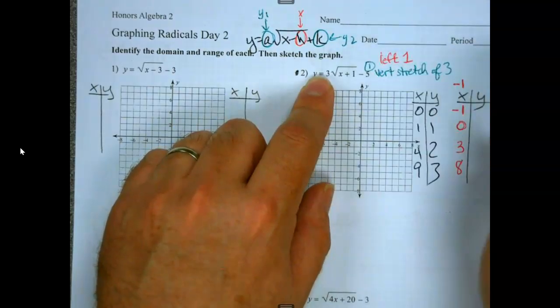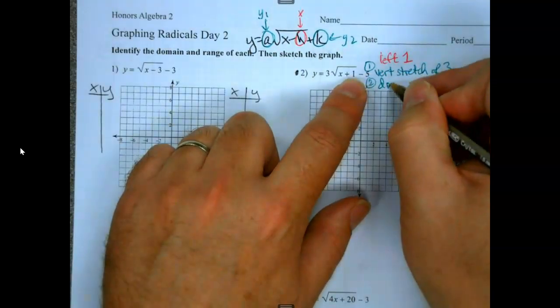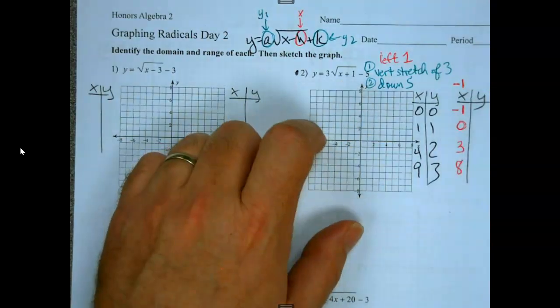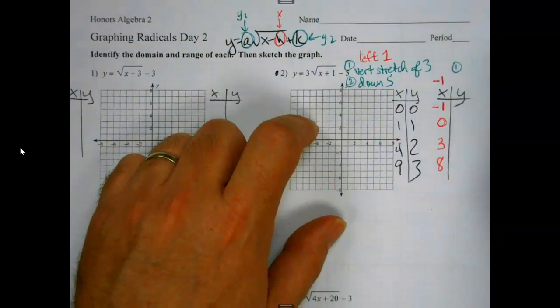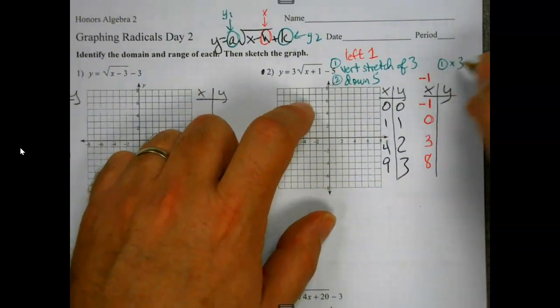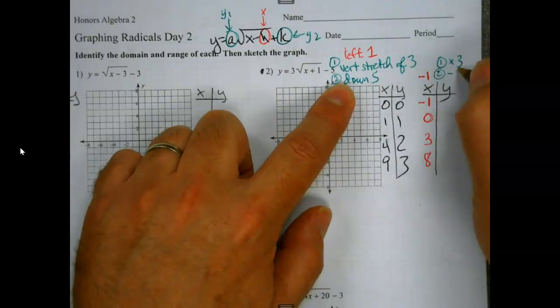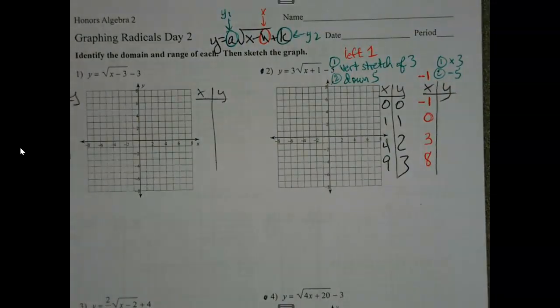That's my first job with y. And I'm going to go down 5. That's my second job. Mathematically, what that means is my first job with y is going to be, I'm going to multiply by 3. And then my second job is I'm going to subtract 5. And I have to do them in that order, or this is going to get messed up.